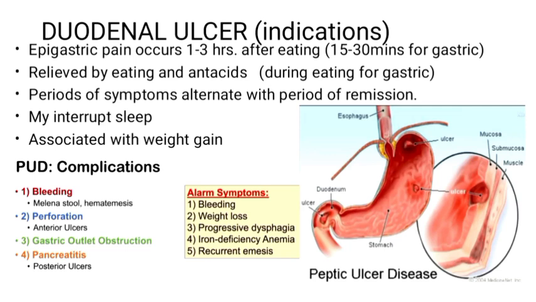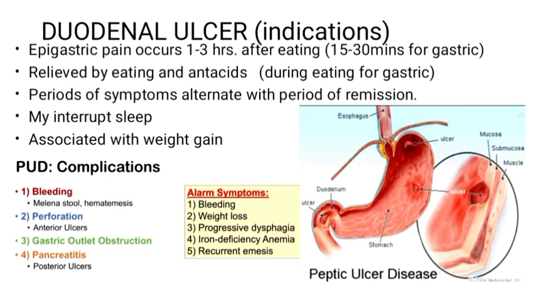Here are duodenal ulcer indications. Epigastric pain occurs 1 to 3 hours after eating. This we will discuss in the next session, where we are going on treatment. We will study deeply epigastric pain and the duodenal ulcer and the gastric ulcer.